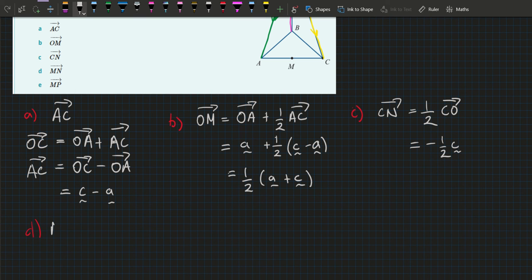Okay, so M to N, and I'm not sure what to do about it.